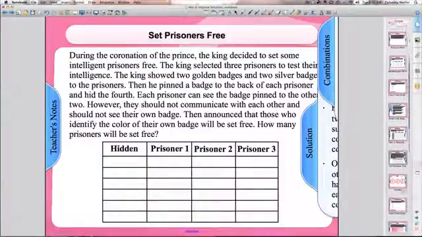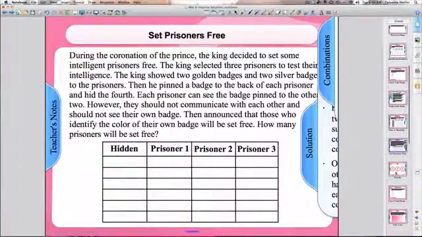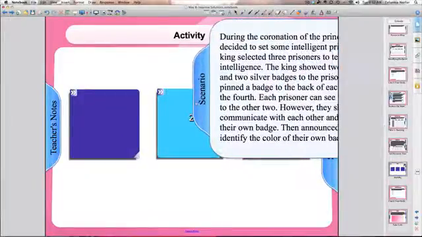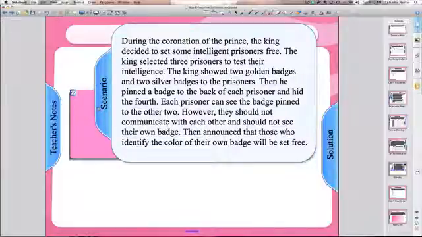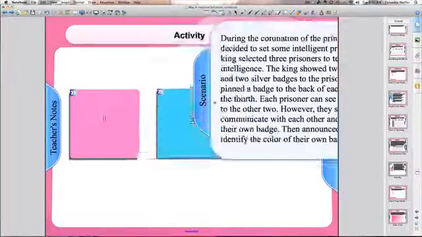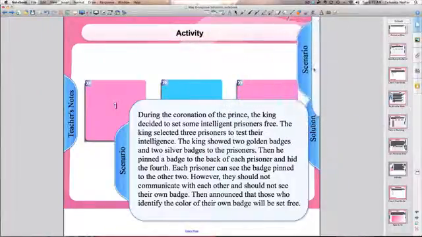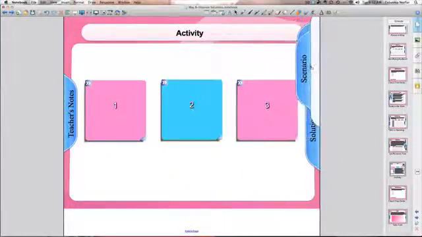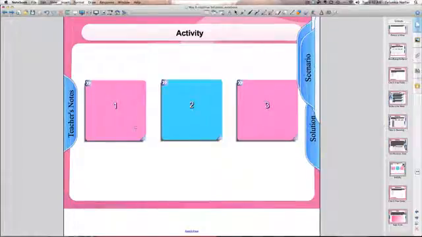Great job, generals. Now let's do a quick activity. Here's the scenario. Again, pause the video until everyone is done reading. Now figure it out and we'll click.